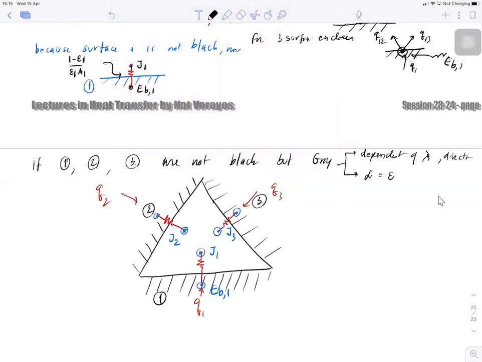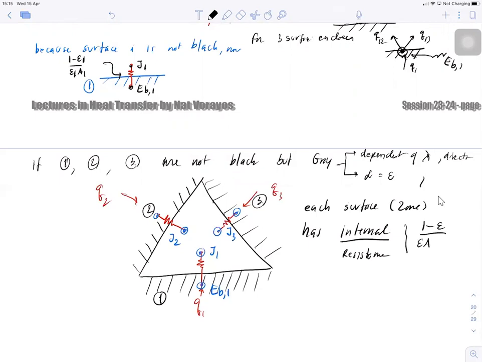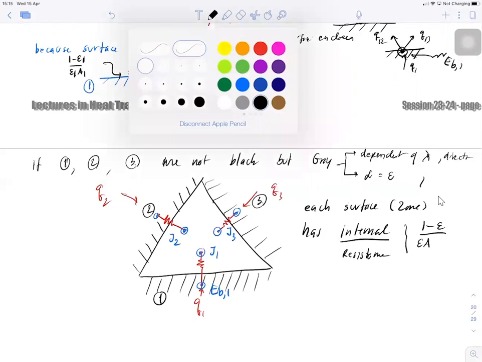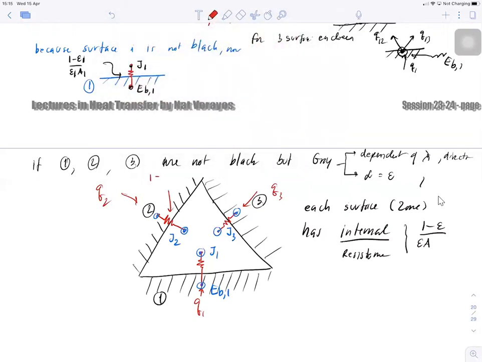If 1, 2, 3 are not black but gray, each surface or zone, meaning surface with the same temperature, has internal resistance, which is quantified as 1 minus epsilon over epsilon A. So this one is going to be 1 minus epsilon 2 over epsilon 2 A2, and this one is 1 minus epsilon 1 over epsilon 1 A1.